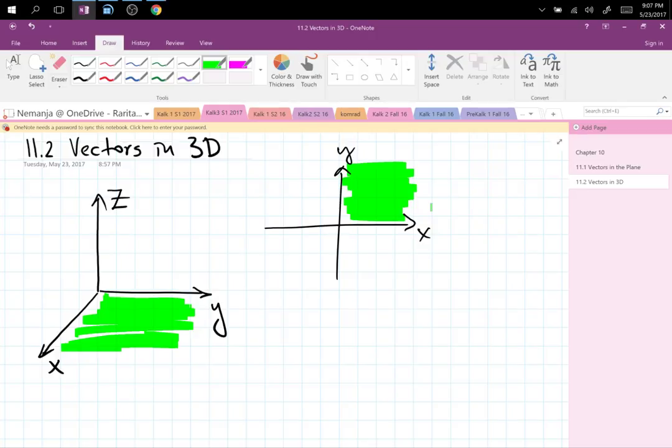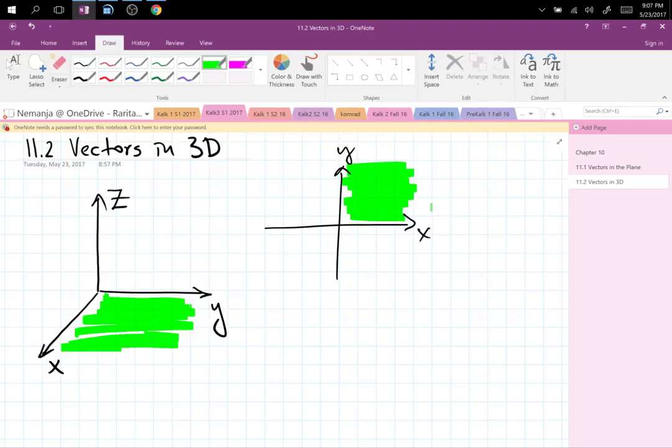Now, the space is divided into 8 octants. What you see here is just one octant, which is created by all positive axes.